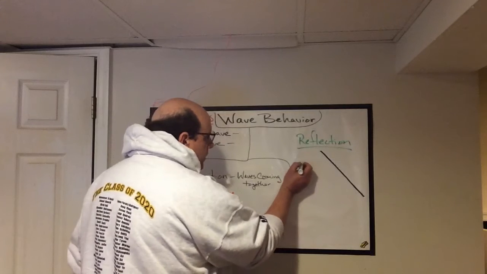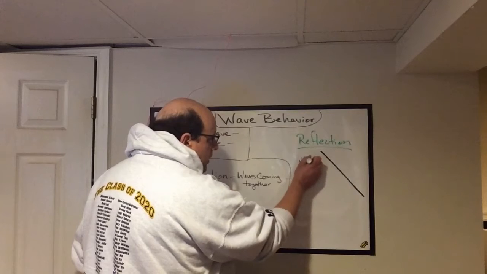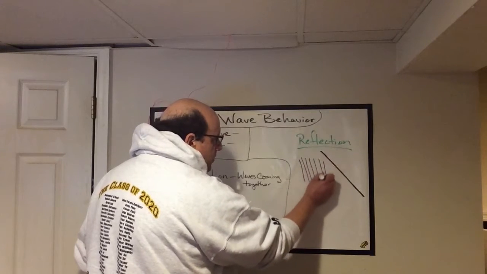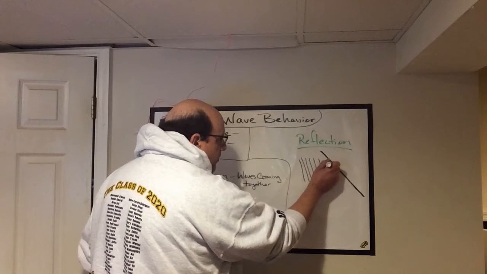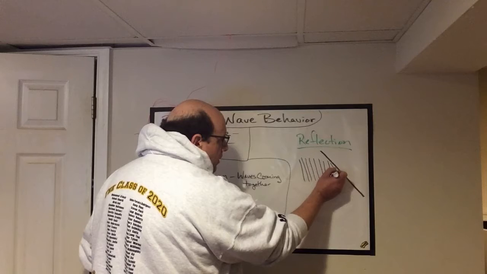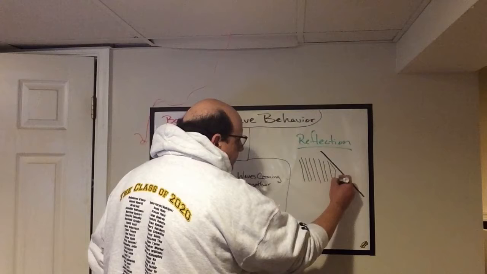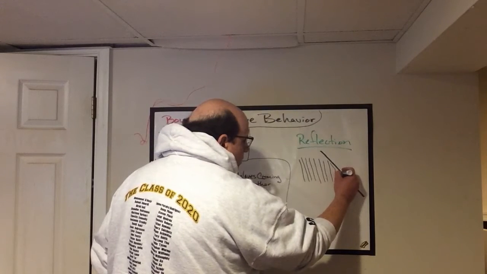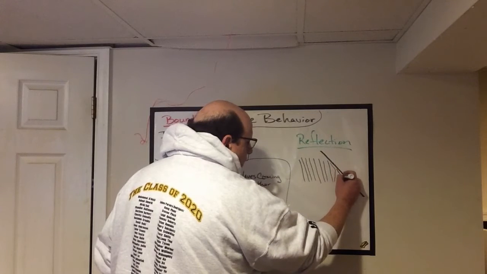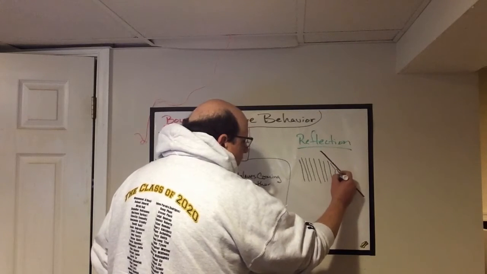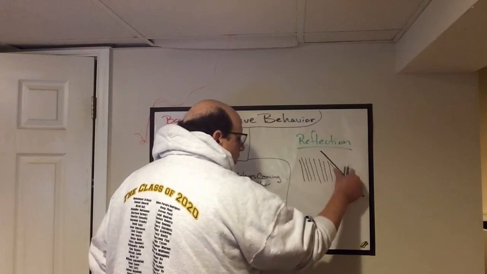And I'm going to have some sort of wave, and I'm going to try and keep these lines pretty consistent, but as I get to this wall, the wave's going to bend along the path of the wall as it goes, and then start to be reflected back, and it's going to turn and come back along.